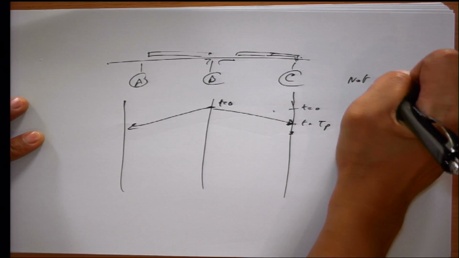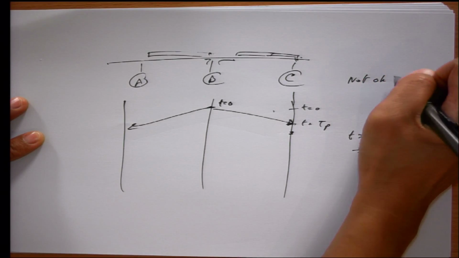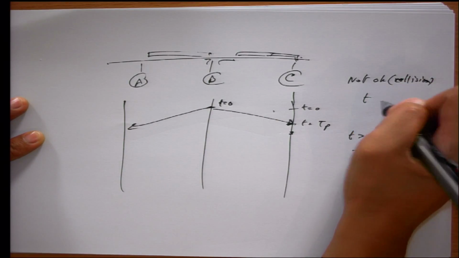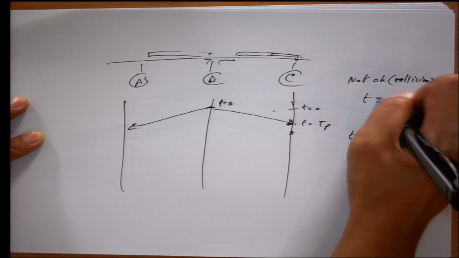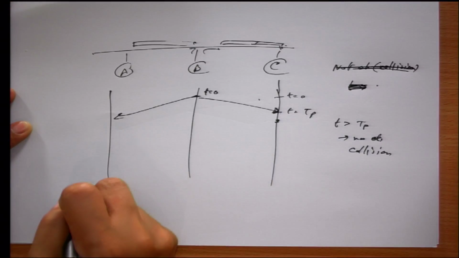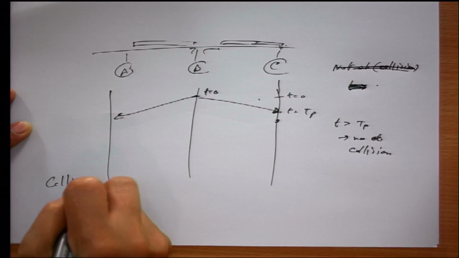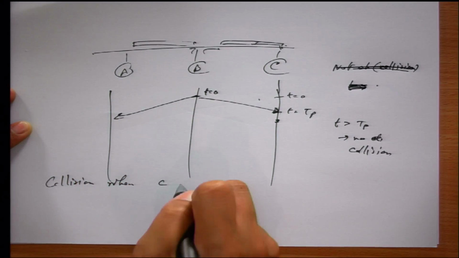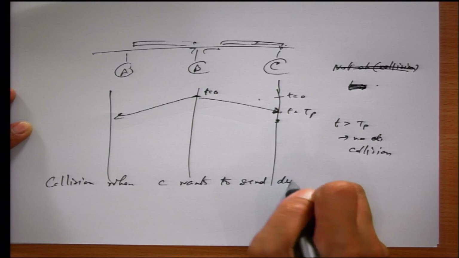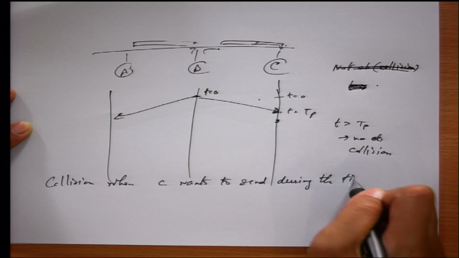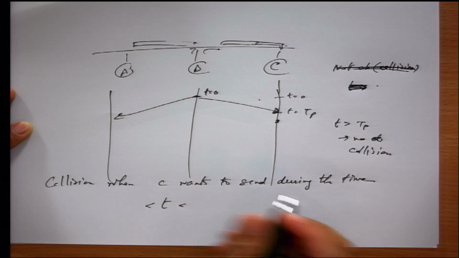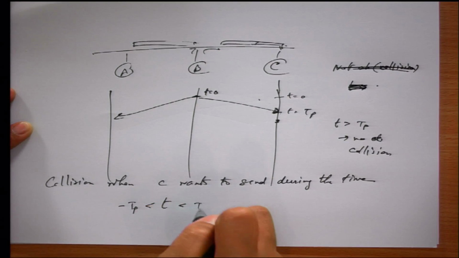So not okay means there is a collision when C wants to send during the time minus t sub p to t sub p.